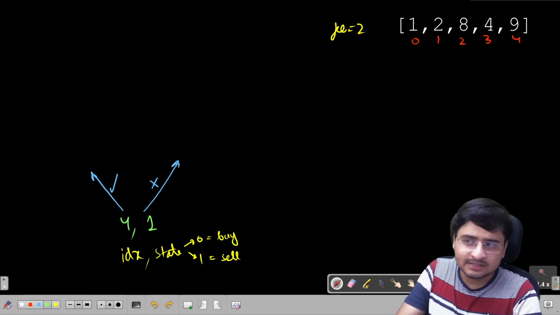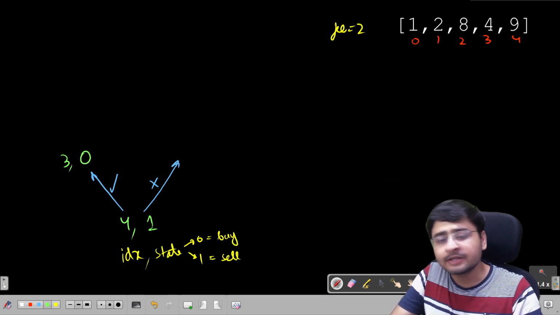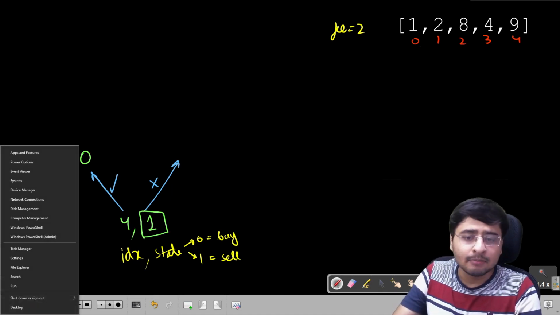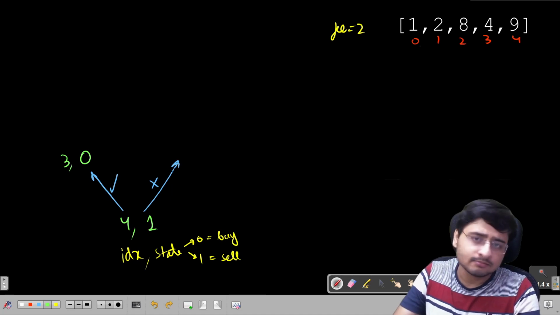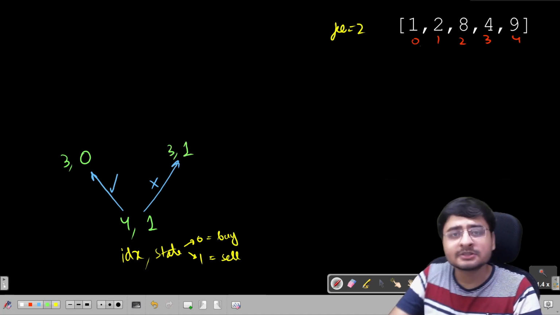So previous day, let's say day 3, I'll be standing on state 0. And if I do not sell on the 4th day, if I ignore selling, my state is going to be the same, right? But my day is going to be reduced. So 3rd index, but with the same state.